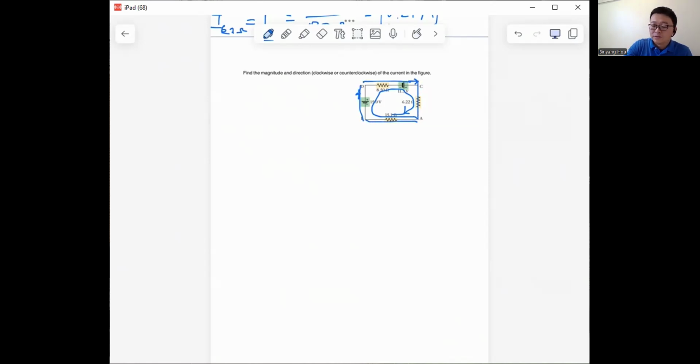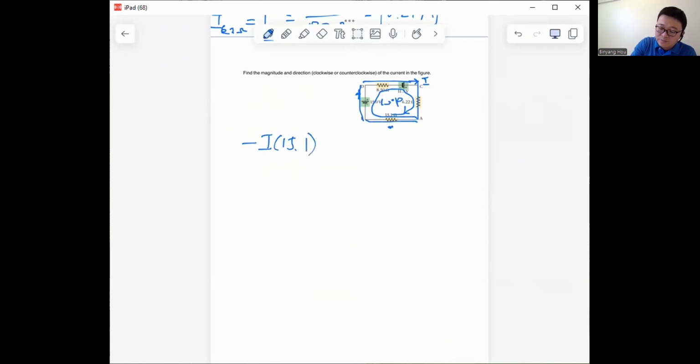So this is the direction of I, and that's my loop. So the same direction, the current and the loop, that means my voltage should be negative, negative of I times the 15.1 ohms, okay? And this is the first element I'm encountering.